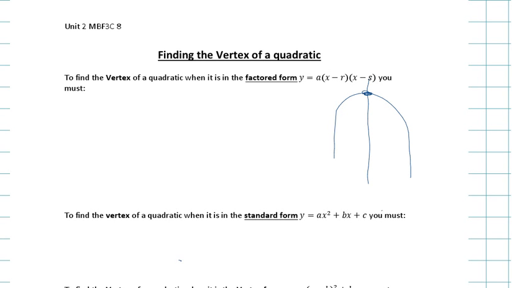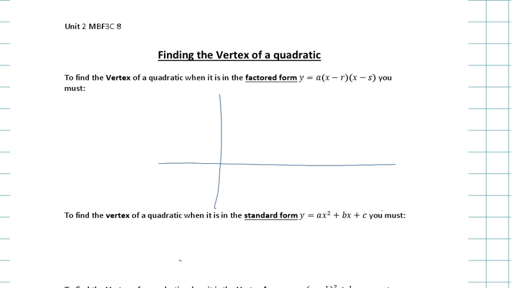Good. So basically we talked about if I have a graph and you know your zeros, can you find your vertex? How? By the difference between the 2 points.